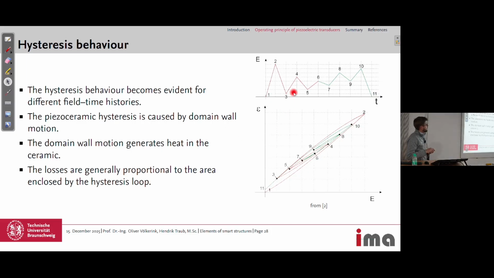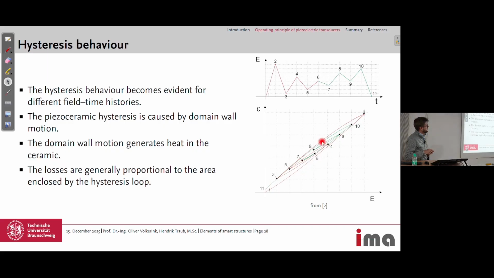This is a similar diagram, but with a different field time history, where we're not going back to 0 all the time, just at the end. Looking at the first loops, we are going from 1 to 2, and then going down to 0.3, so not to field 0, and also not to elongation 0, and then increase the field again to 0.4.